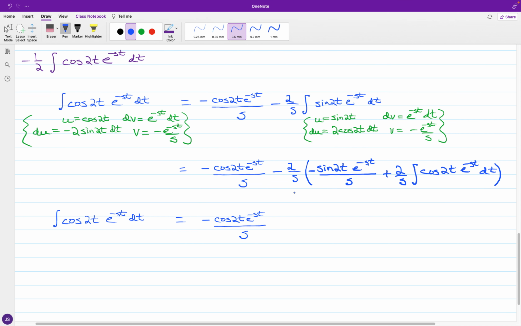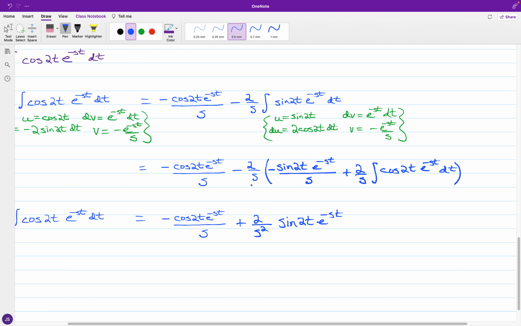Distributing 2 over s, a negative times a negative is a positive, so this is plus 2 over s squared times the sine of 2t times e to the negative st. And we have negative 2 over s times 2 over s, which is minus 4 over s squared times the integral of the cosine of 2t times e to the negative st dt.